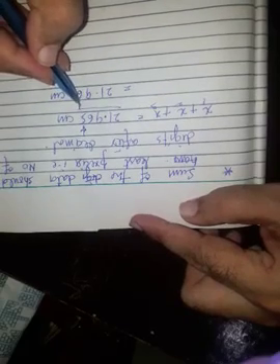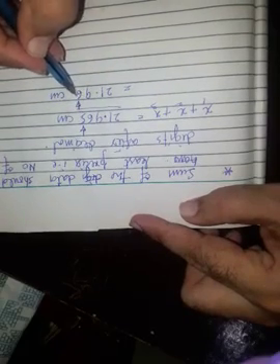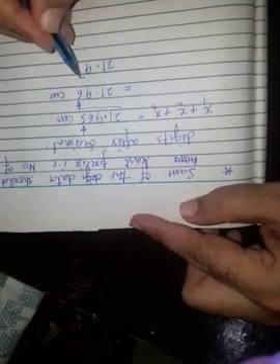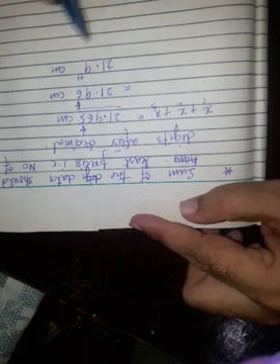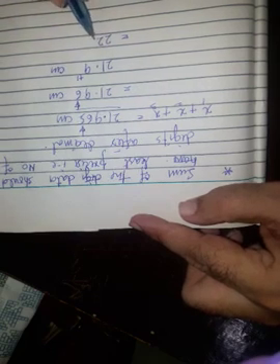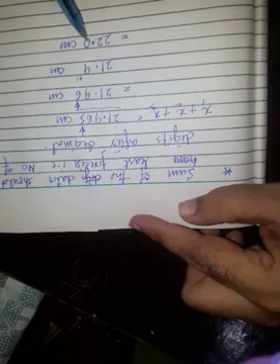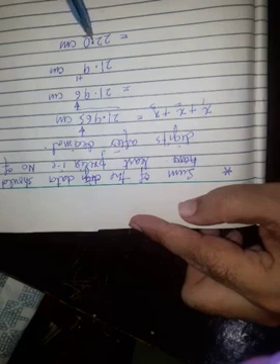Now we have 6. We have to round off 6. By rounding off 6, we will add 1 to the next digit. It will become 22.0 centimeters. So now look, we have one digit after the decimal.